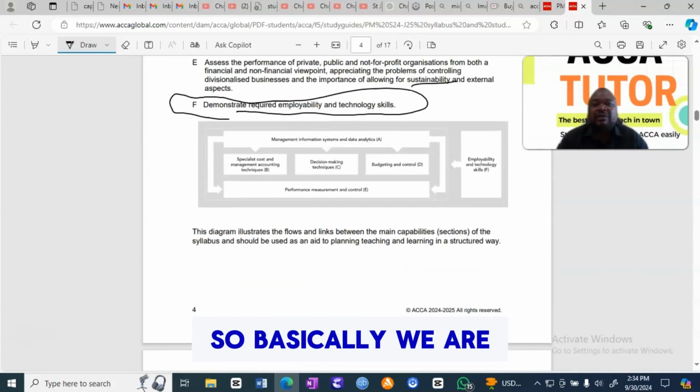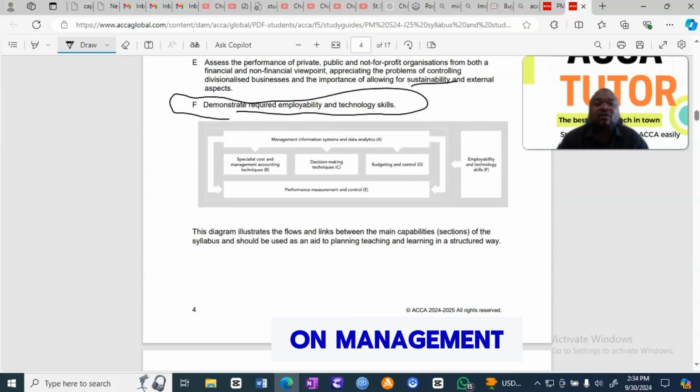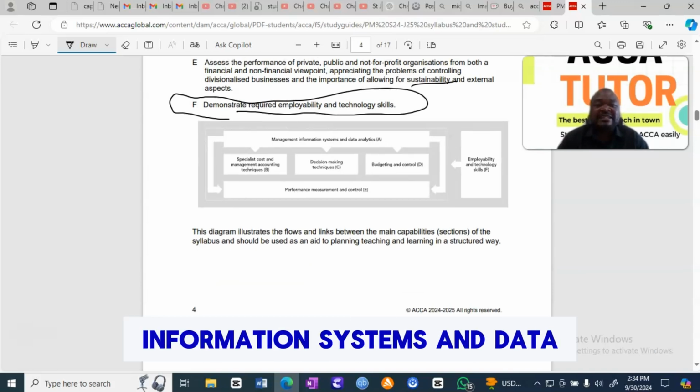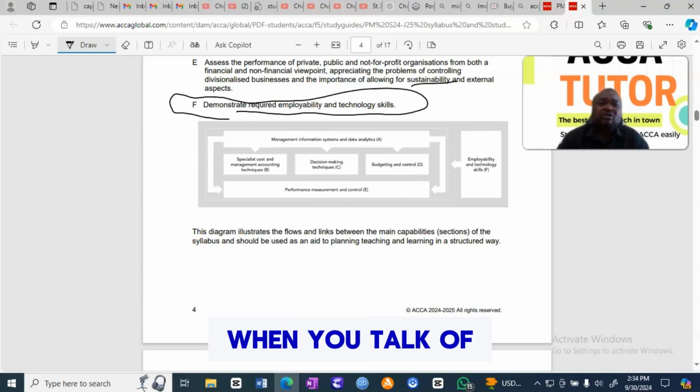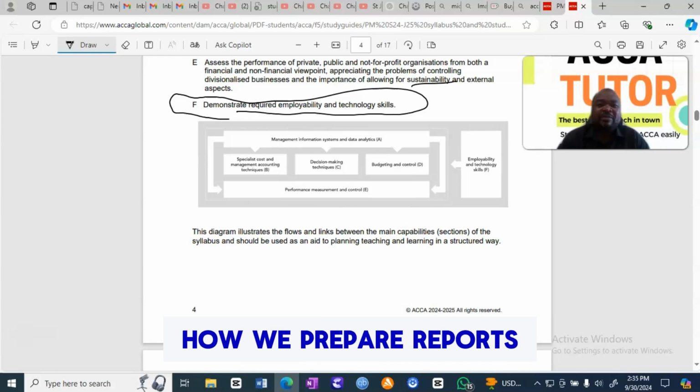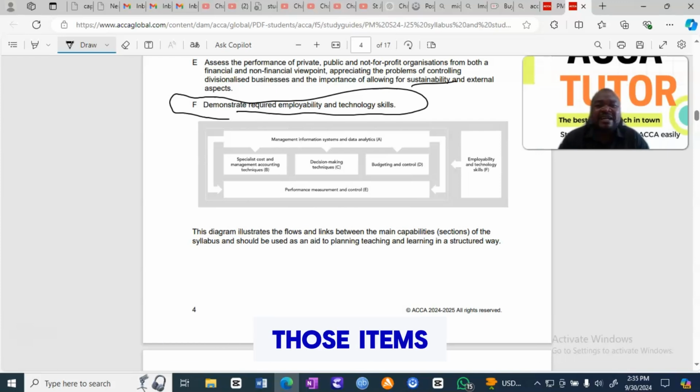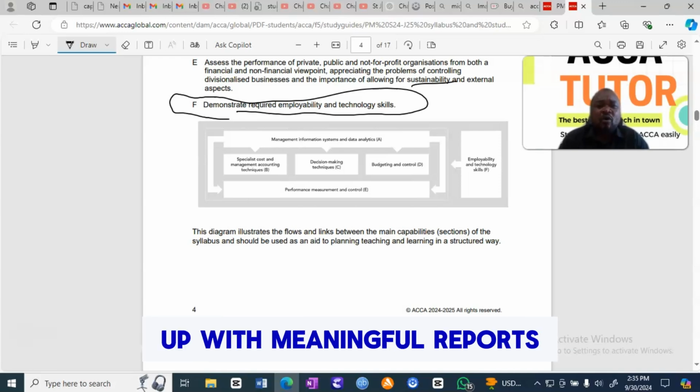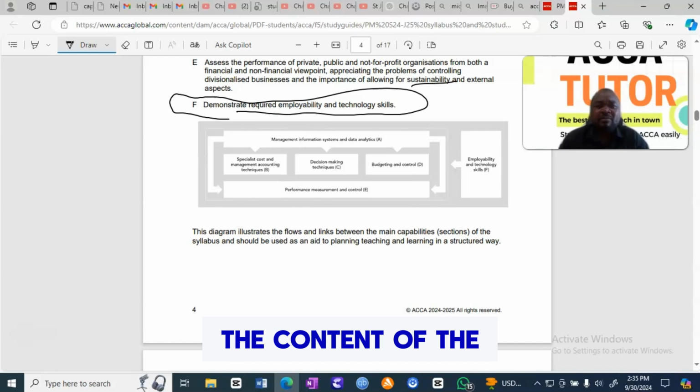So basically, we are going to be tested on management information systems and data analytics. When you talk of management information systems, it's like a communication skills syllabus. We need to understand how we prepare reports and so forth, and how we communicate and how we come up with meaningful reports, the content of the report.